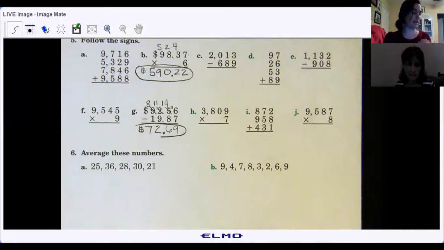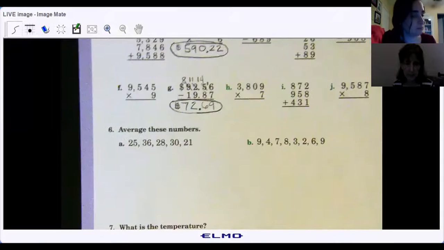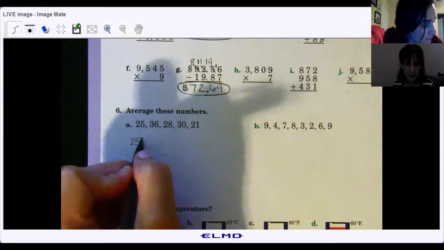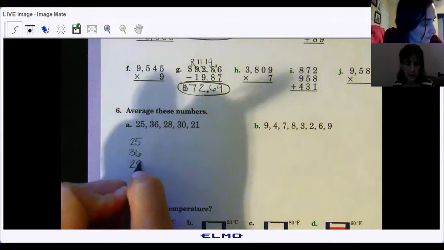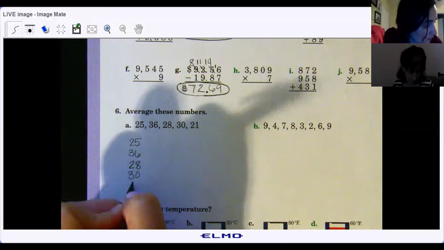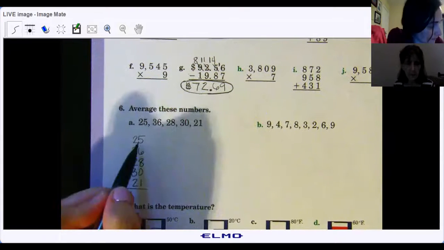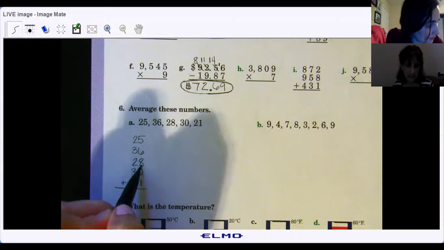All right, let's go down to averaging. Remember, we have to add up all the add-ins. You write them out, don't put it underneath anything. So we have 25, 36, 28, 30, and 21. Now let's add up the first column. All right, 5 and 6 is 11, and 8 is 19, and 1 is 20.